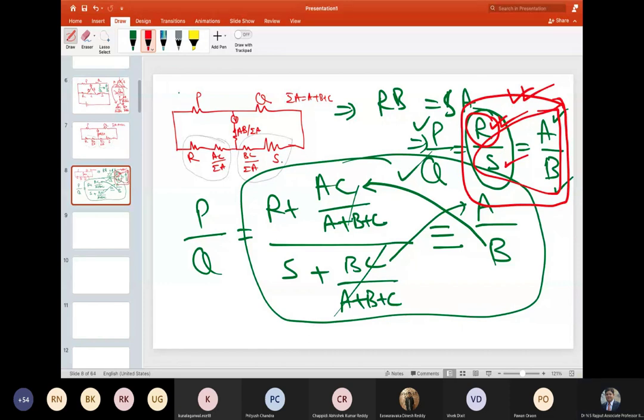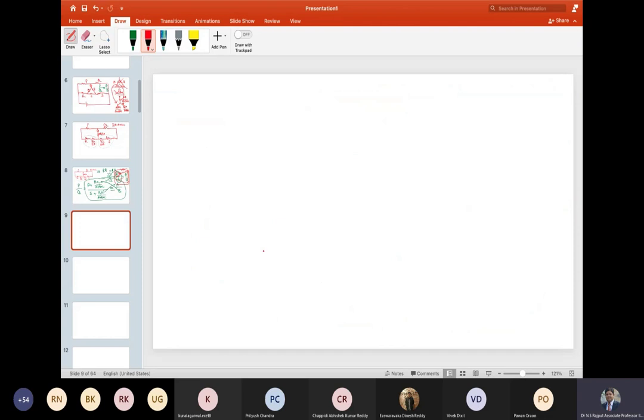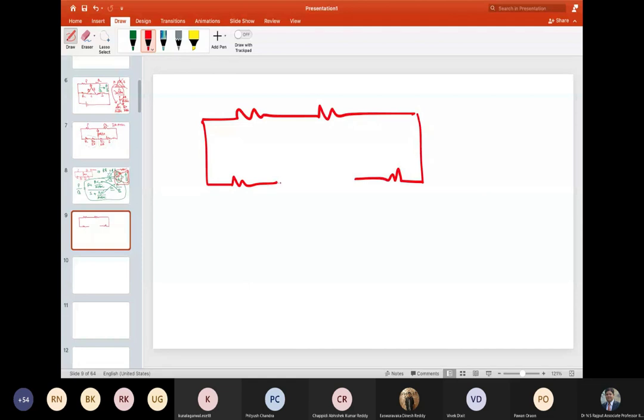Okay, so let's come to this. What was our standard double bridge? He had said connect it like this, right?